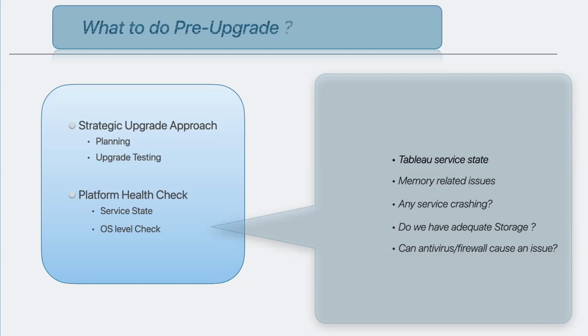Make sure that none of Tableau's services is in a degraded state. Sometimes you go to the TSM page, check the status at the top, and see, oh, everything is good, stop. No, don't do that. Just go inside, run it 2-3 times and see whether any service is going up and down.